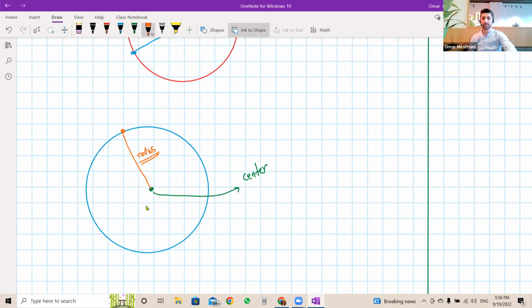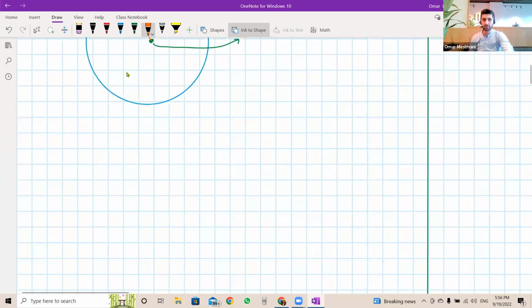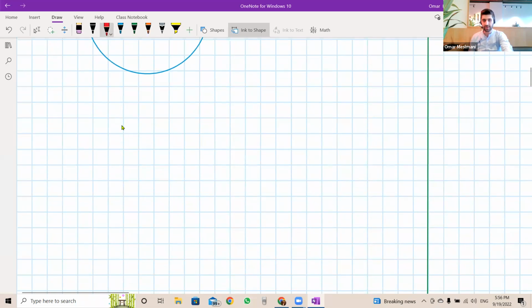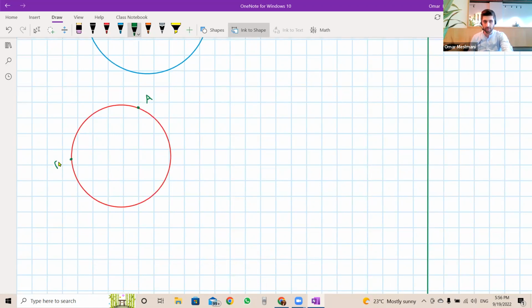At the beginning, I'm just going to introduce the names of everything. Again, you have a circle. If you have a line segment that connects 2 points on the circle like this, what do we call it? Chord.